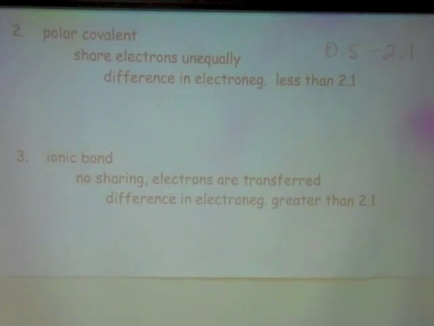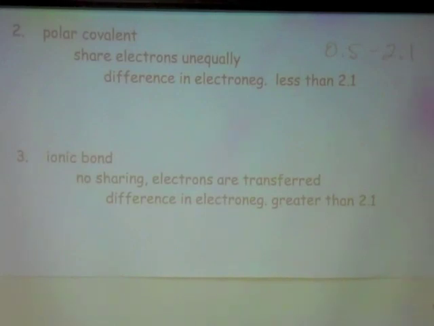The difference between a metal and a non-metal is going to be greater than 2.1, as you will see tomorrow when we're looking at the graphic. And so we can still use our overall guidelines for determining whether you've got a covalent or an ionic bond: metal, non-metal, or non-metal, non-metal.